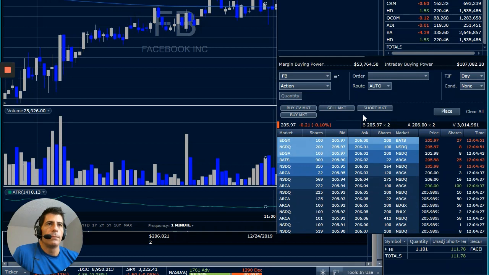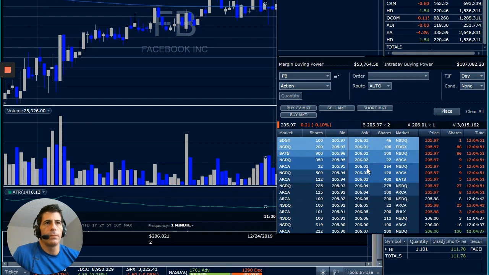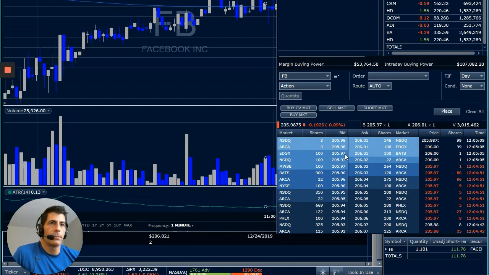I can use these buttons to pre-fill my tickets, and I can trade and cover really quickly. Just to begin, when I consider entering a trade, I am looking to where I can get out. There is a lot of algorithm movement on the level 2. There's no doubt high frequency trading and algorithms play a big part in price, and things can change in a second.